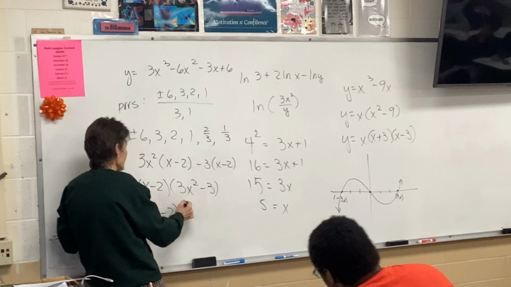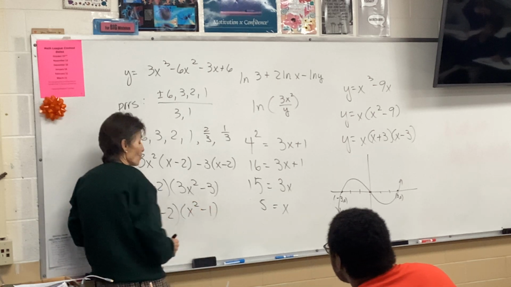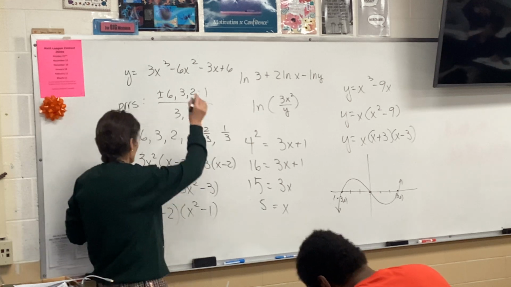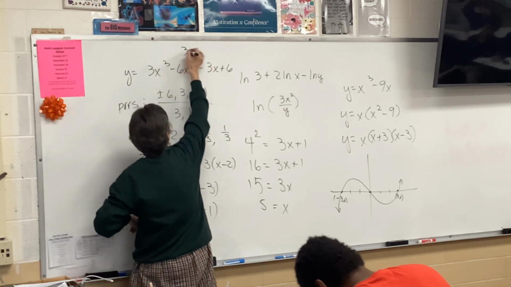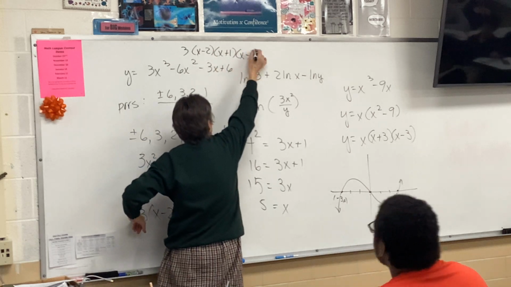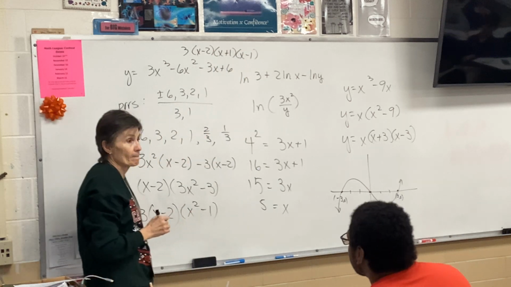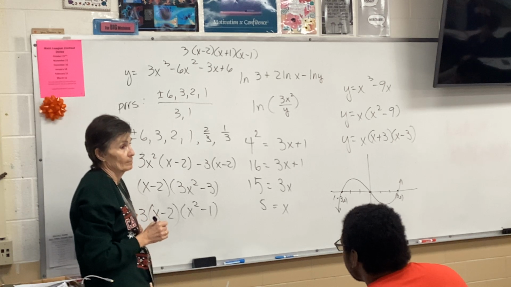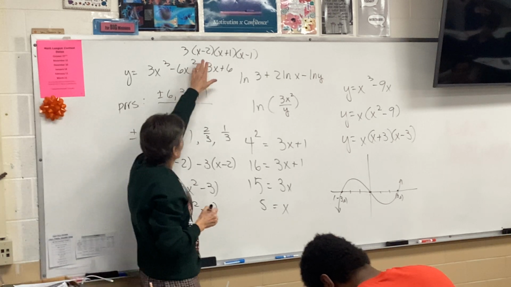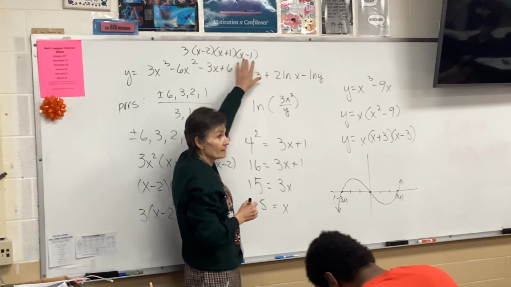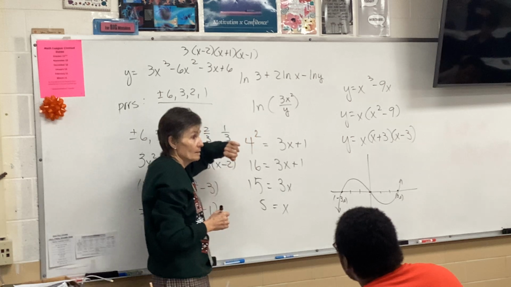Take out a 3, and that leaves me with x squared minus 1, which factors into x plus 1, x minus 1. So what are the roots? The roots are positive 2, negative 1, and positive 1.